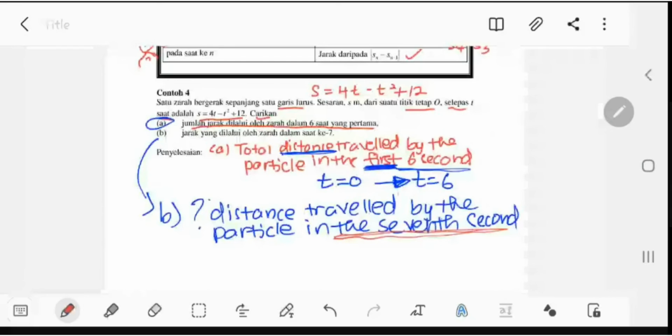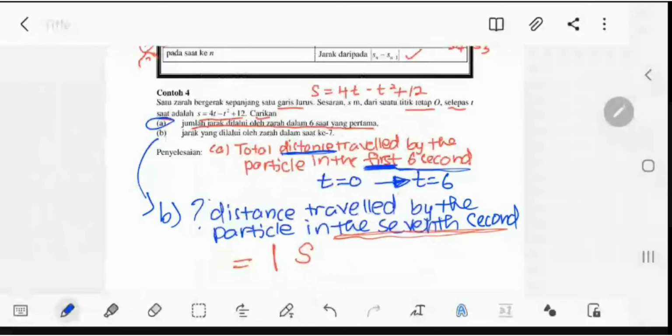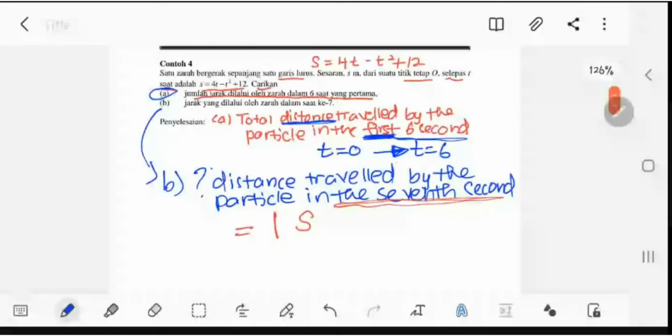Yang ini dia tak ada perkataan first. Dia in the 7th second. Maksudnya formula dia adalah S apa tolak S apa? S7 minus S6. Yes, S7 minus S6.